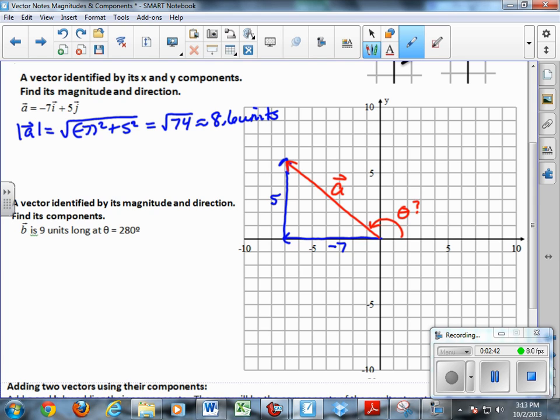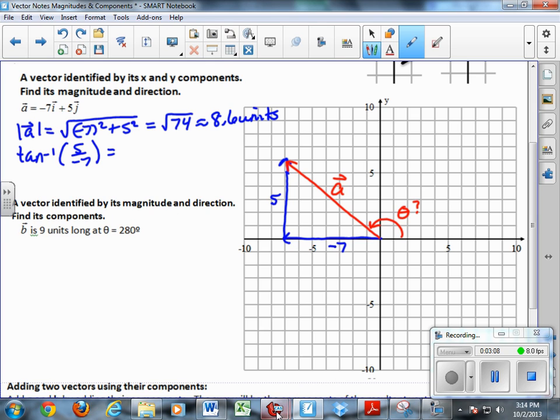Now, to find the angle, we're going to use inverse tangent. Inverse tangent of y over x, which is 5 over negative 7. Now, you might think, well, didn't I just find this angle? Well, no, I won't find this angle because if both of these were positive, yes, I'd be finding that angle, but one's positive and one's negative, so I'm actually going to be finding an angle that's in quadrant 4.